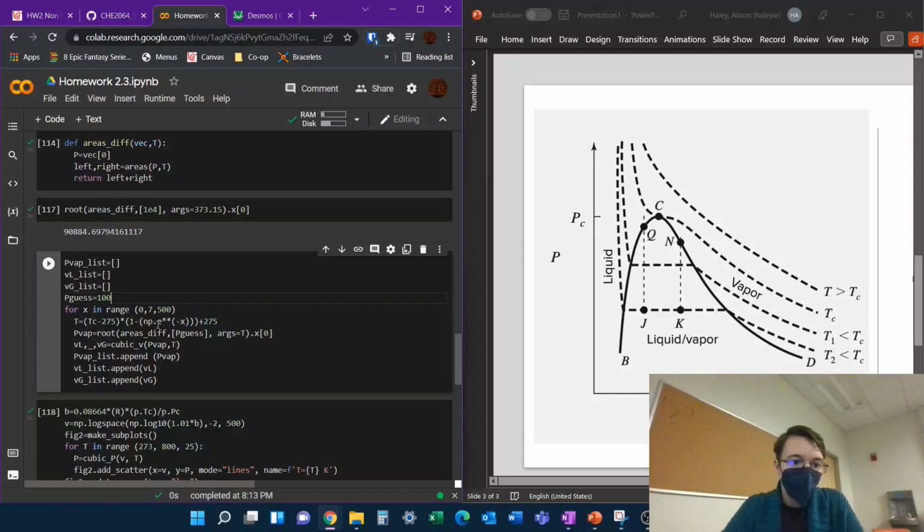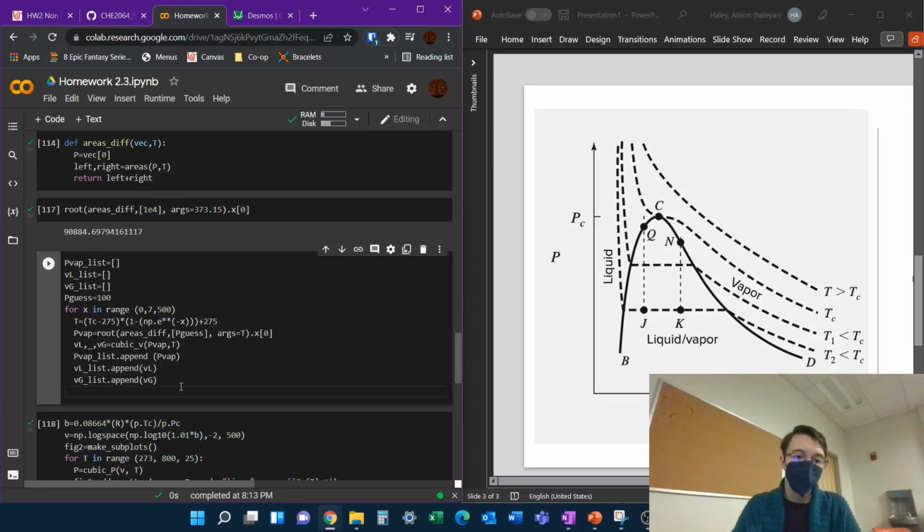And then we're going to want our P guess to increase each time. To do that, we're going to make our P guess the previous vapor pressure of the liquid. So it will continue to increase, since it'll be the vapor pressure of the temperature below it. That will be the guess for the next temperature, basically. So we'll update P gas at the end of every loop, and that will be P vap.